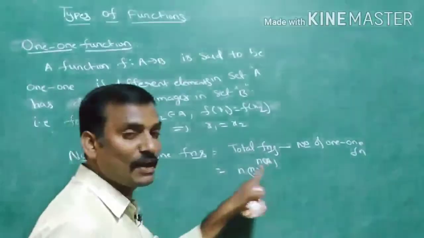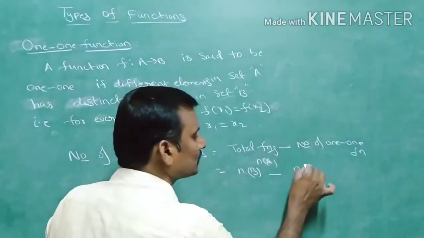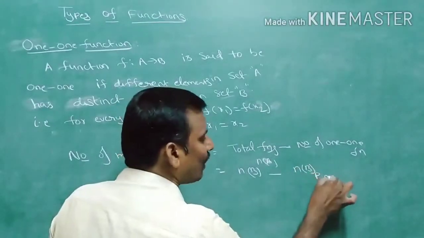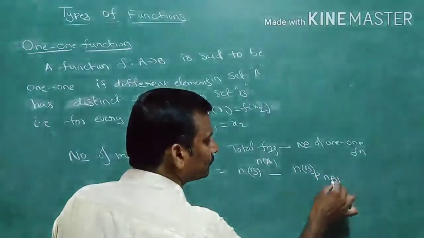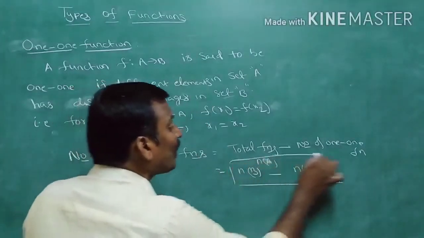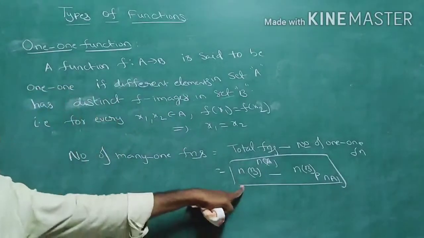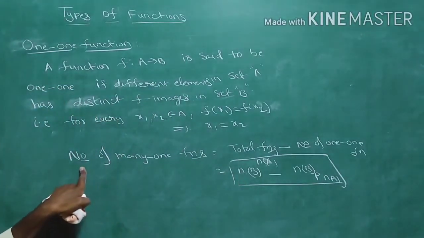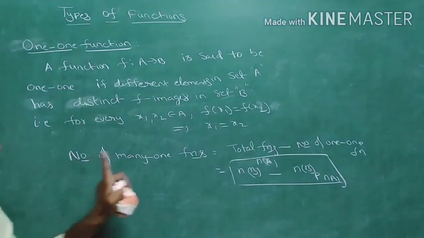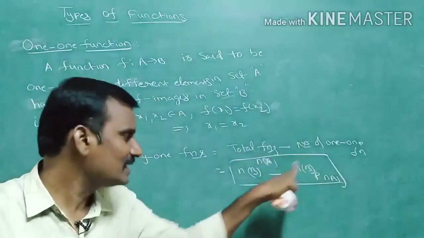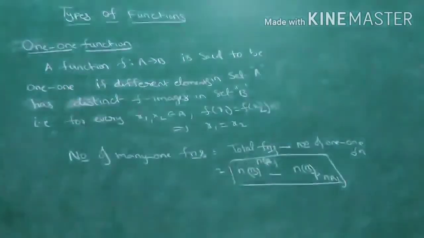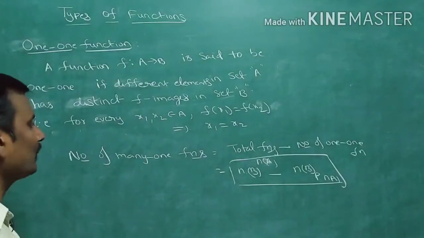Number of one-one functions is n(B)P n(A). So total number of functions minus number of one-one functions is equal to total number of many-one functions. This is the many-one functions formula.